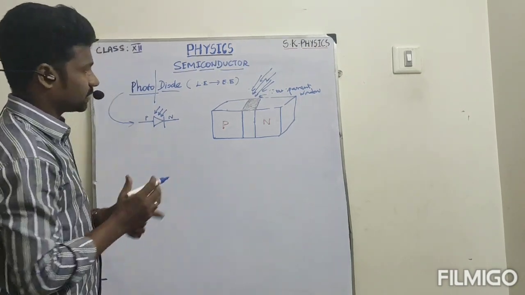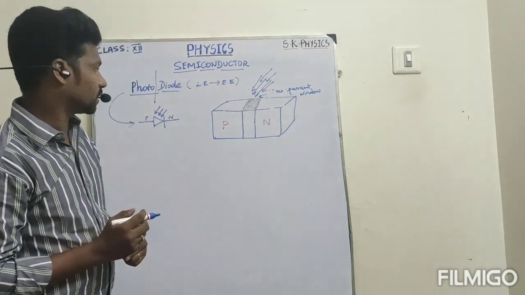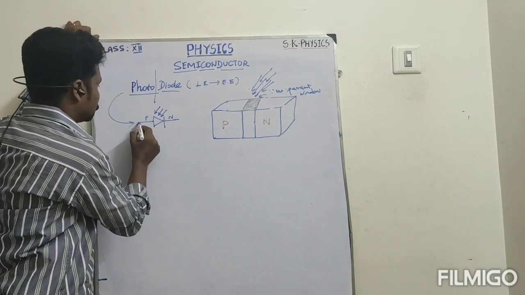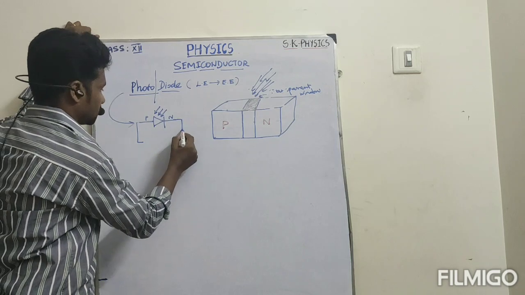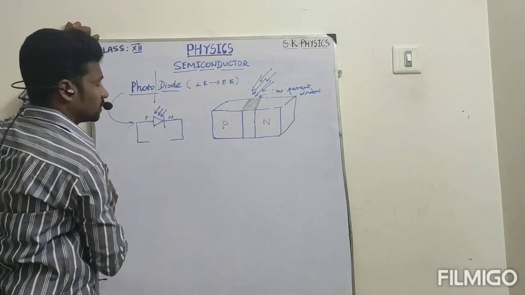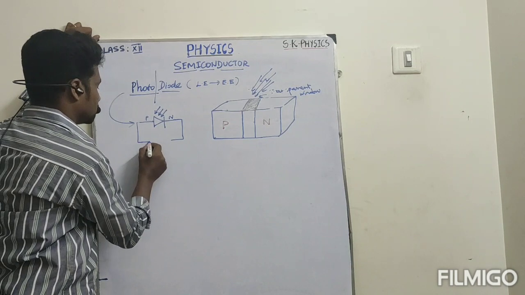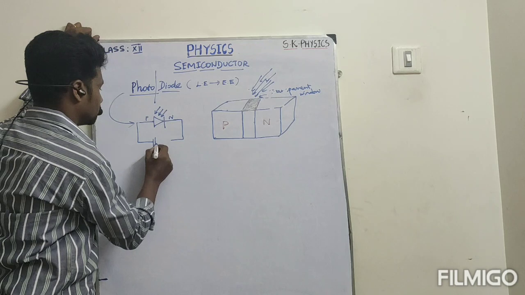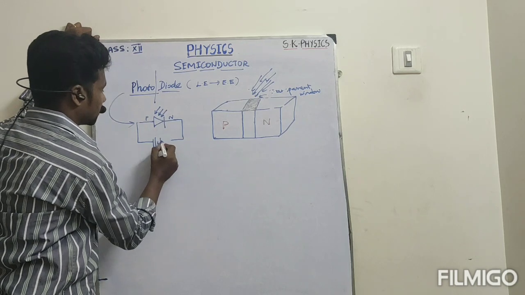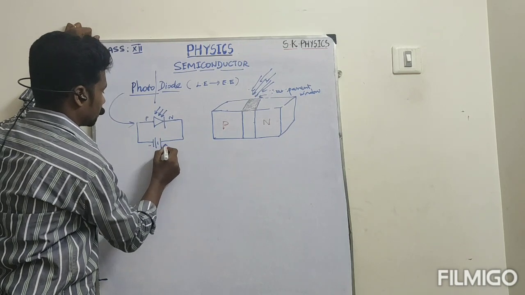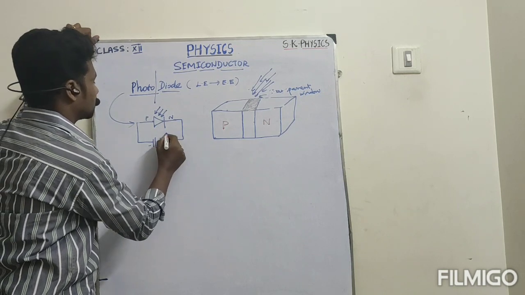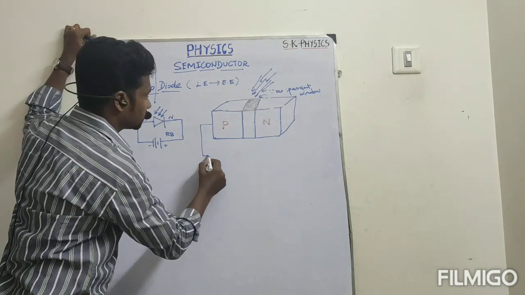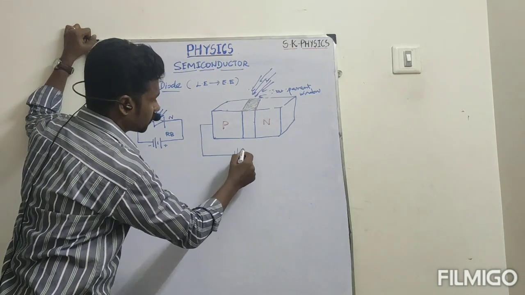Then how can we operate this? You know very well this photodiode will be connected in reverse bias condition. In reverse bias, the P region is connected with negative and the N region is connected with positive. So now we connect here negative, positive.